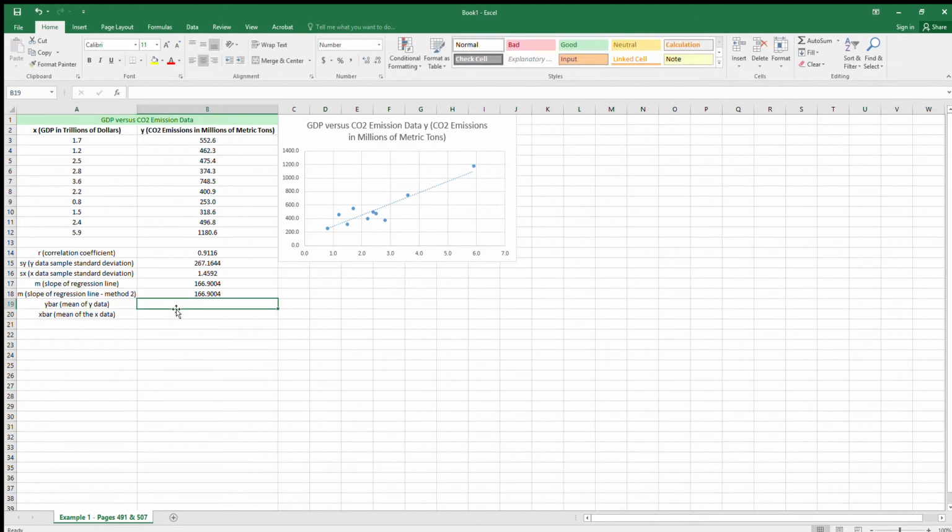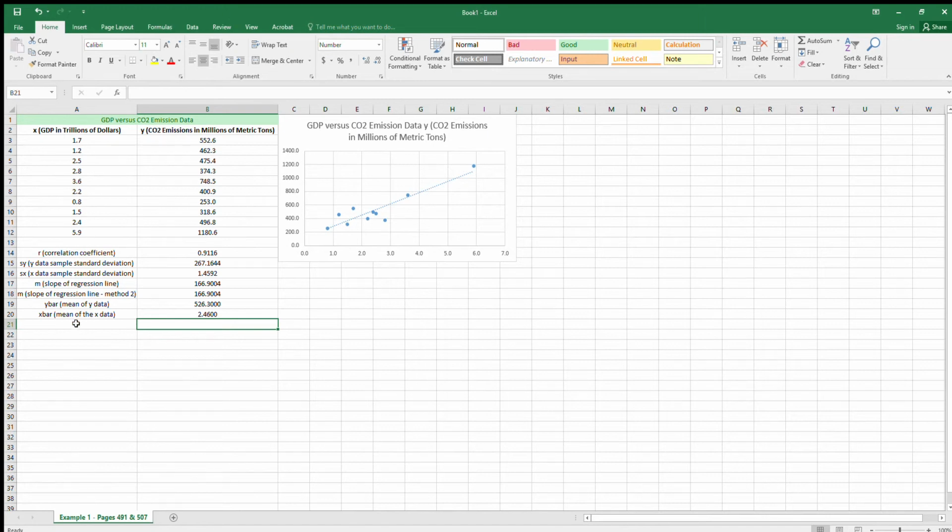We've done this a number of times throughout class. To calculate a mean using Excel, we type AVERAGE, tab, the y values, shift 0 to close, and we get 526.3. Then x bar is the average of the x values. We highlight that, shift 0, and enter. We get an x bar value of 2.46.